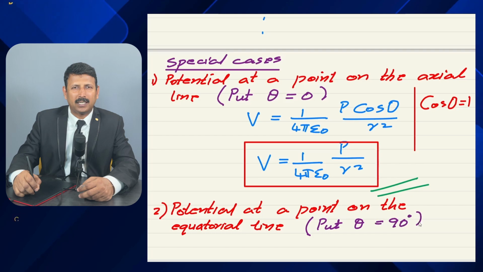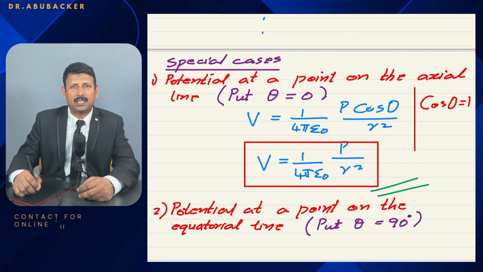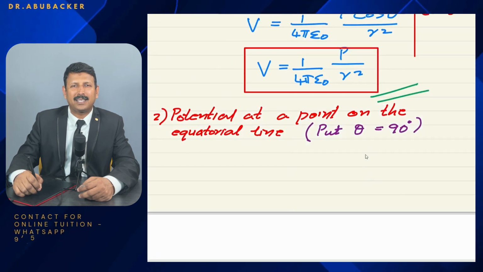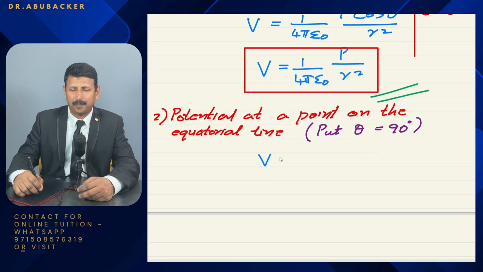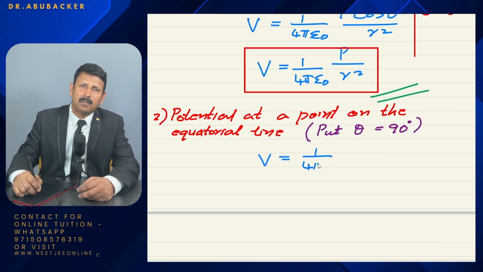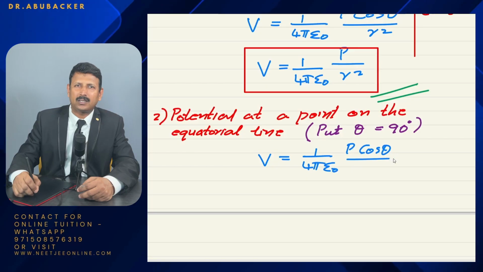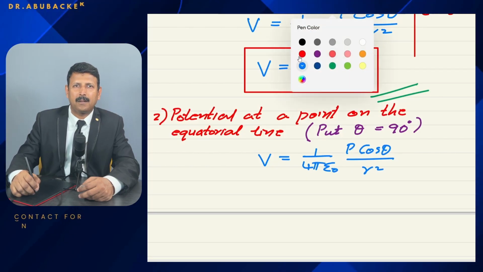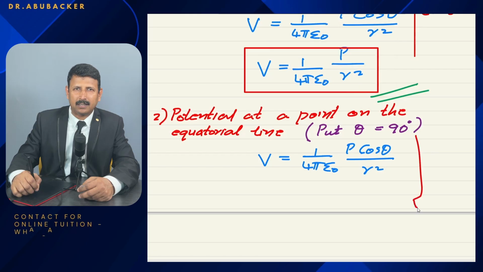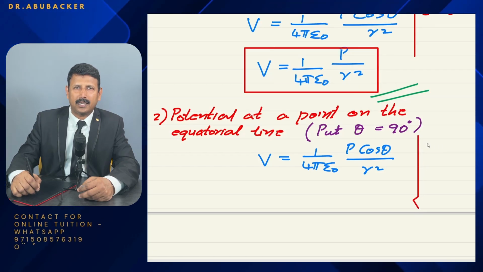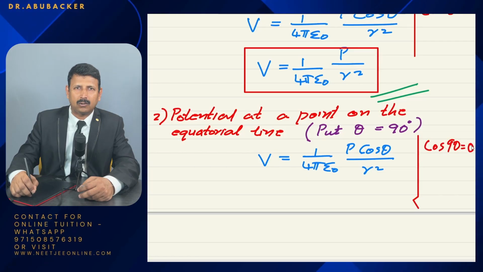Remember, when we put theta equal to 90 degree in the equation, cos 90 is 0. So V is equal to 1 by 4 pi epsilon 0 p cos theta by r square. We will substitute cos 90 after this step. Cos 0 we already wrote in the previous case. Cos 90 is equal to 0.